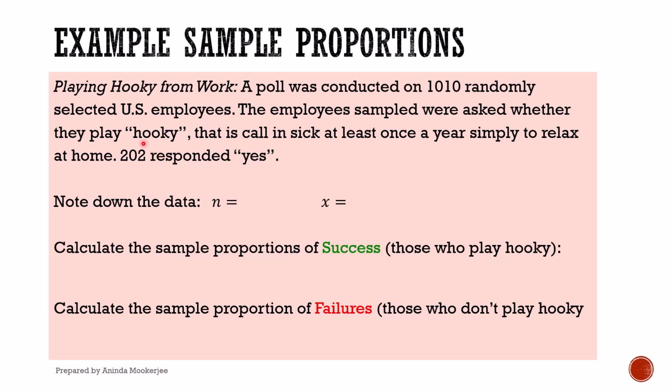So anybody who answered yes to playing hooky would fall under the success proportion. Those who did not play hooky, they did not meet the specified attribute we were looking for, would fall under the proportion of failures, right?